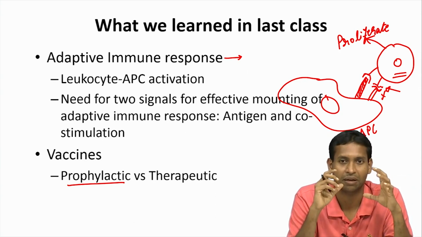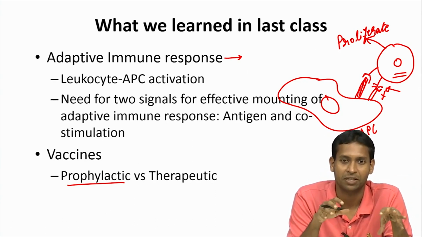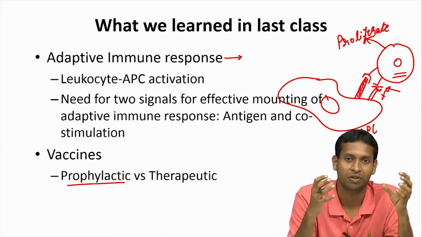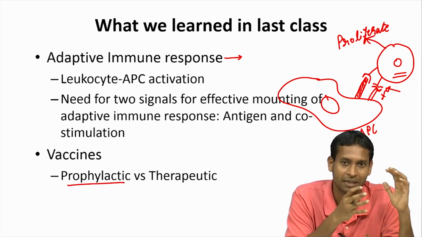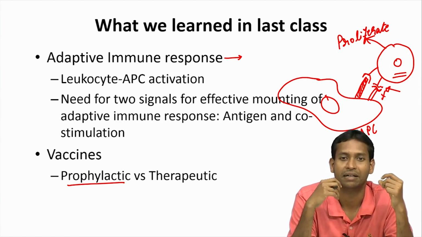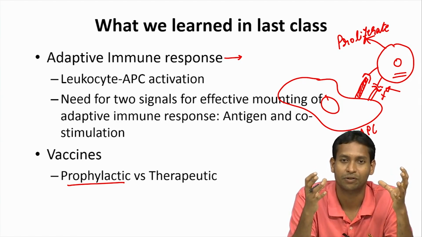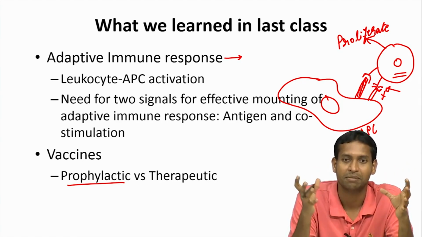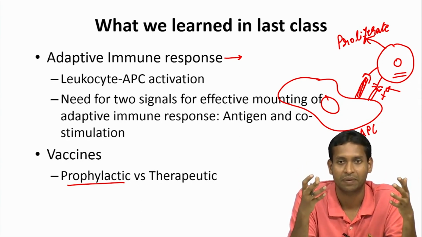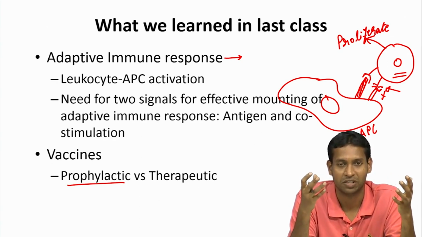So these are given ahead of time. Their main purpose is to generate an immune response and have that tabulated in a memory bank, which is nothing but the memory cells, so that these cells are ready. When the actual pathogen comes in, the memory bank will release all these cells, and these cells will continuously ensure that the pathogen or the infection is cleared.